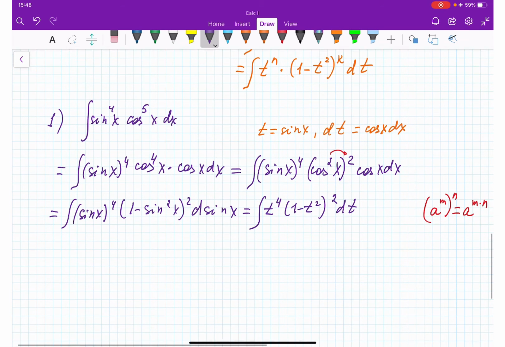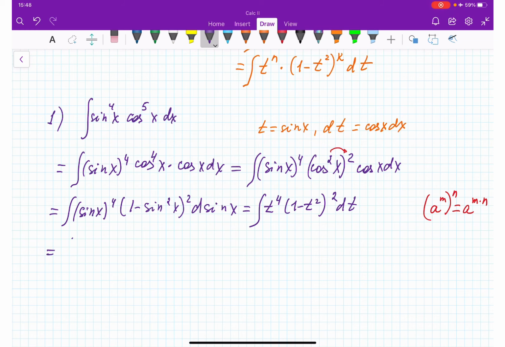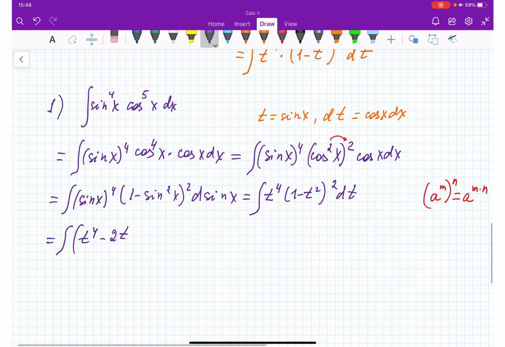So let's multiply, and we get t to power 4 minus 2t to power 6 and plus t to power 8.